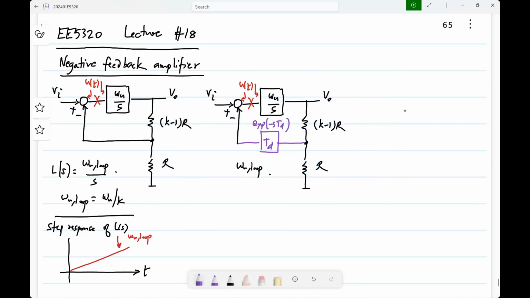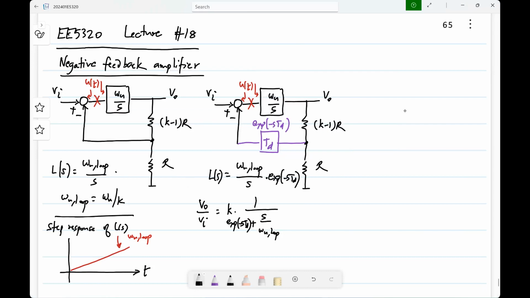So in this case, the loop gain is this times exponential minus s td. And here I didn't show the full analysis. You can do it also. The closed loop response will be that one.